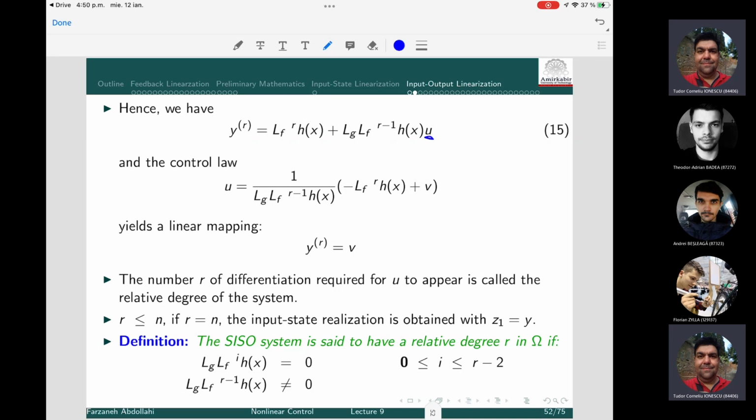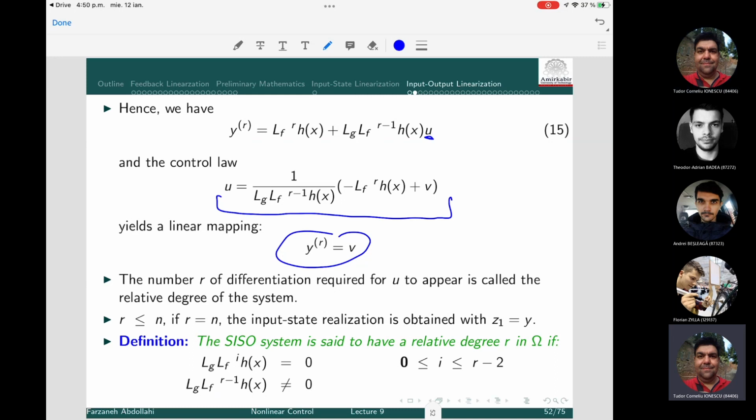It shows up because you stopped at the relative degree. This is the general control law you can pick to achieve this chain of r integrators. That's what this equation tells us. The number r of differentiations required for u to appear is called the relative degree of the system.